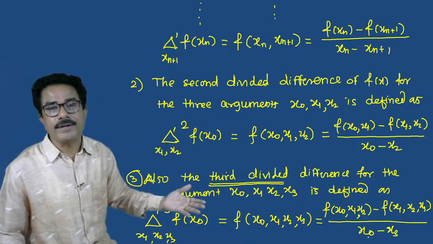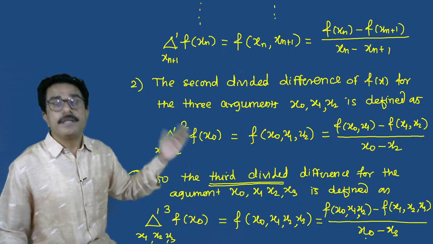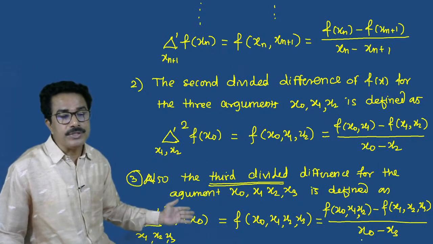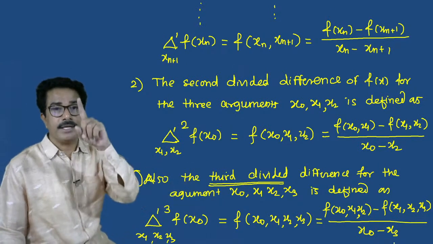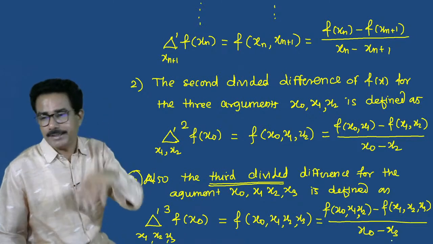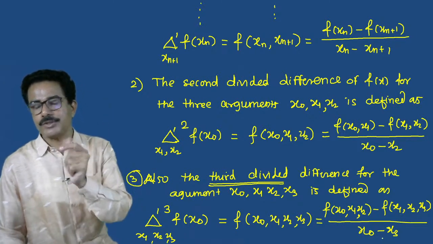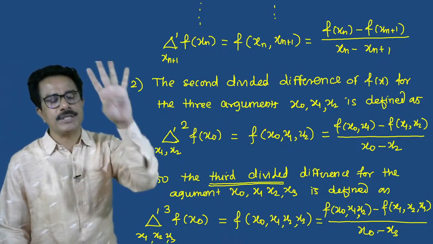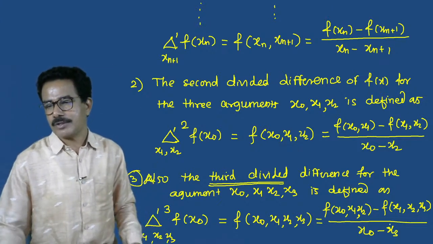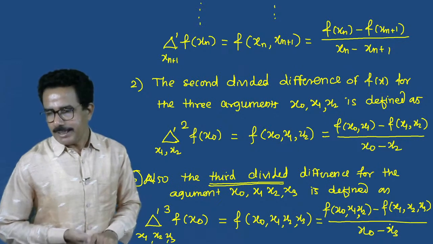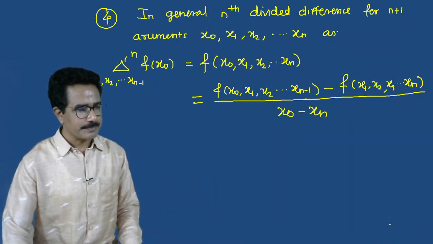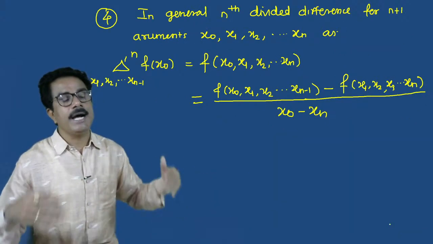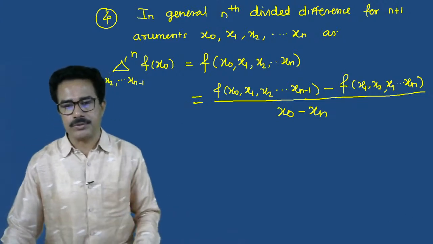Fourth divided difference असला, denominator will be x0 minus x4. लक्षात घ्या, फोर्थ डिवायडेड डिफरन्सला. तर सर्वांनी स्टुडंट्स, you write down the definition for fourth divided difference. सर्वांनी चॅट बॉक्समध्ये फोर्थ डिवायडेड डिफरन्सची डेफिनेशन लिहा. तर अशा पद्धतीनं हा आपण nth डिवायडेड डिफरन्स काढू शकतो.